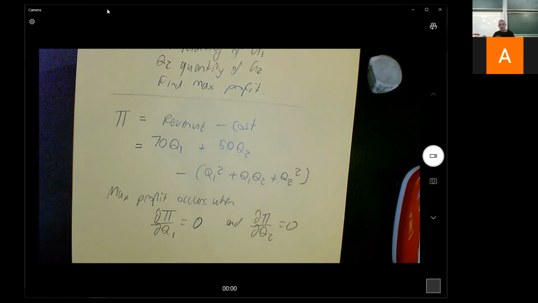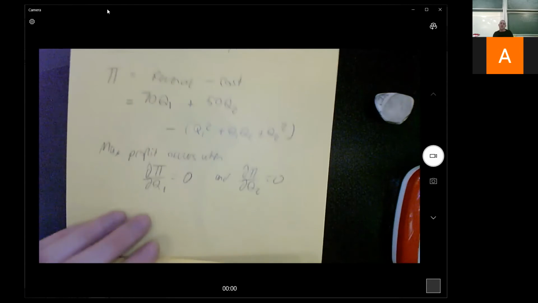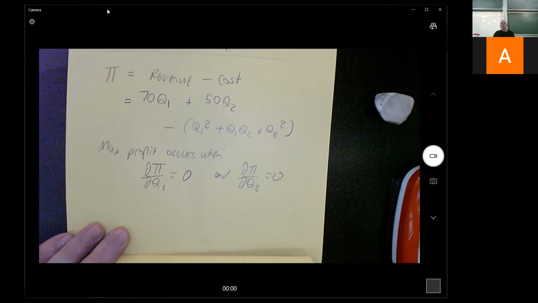Has to be both of them. So just like maximizing revenue when there was only one quantity, we needed the derivative to be 0. When there's two quantities, we need both derivatives to be 0.